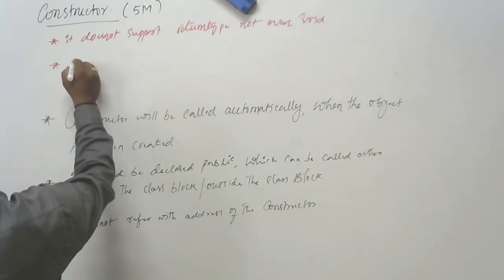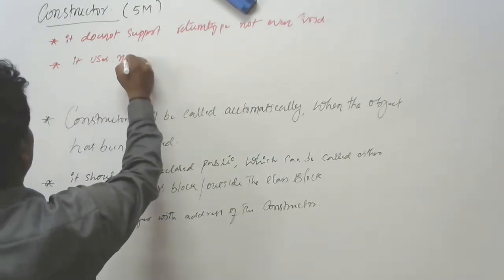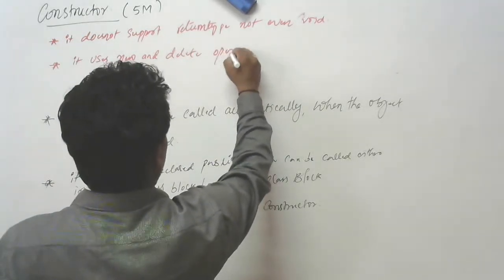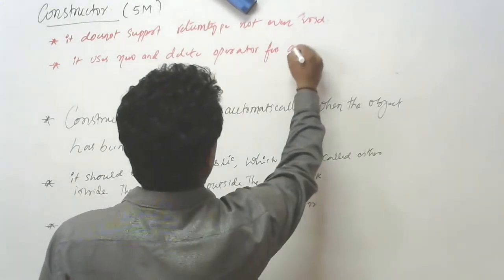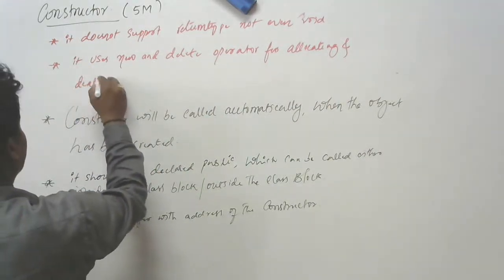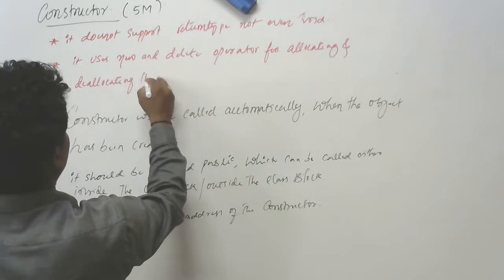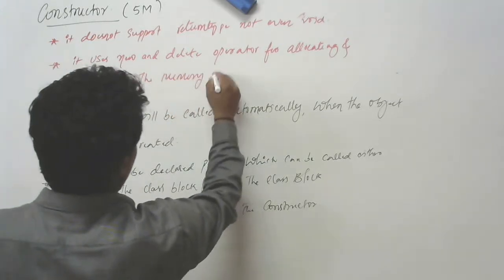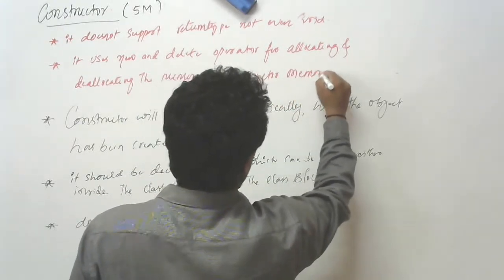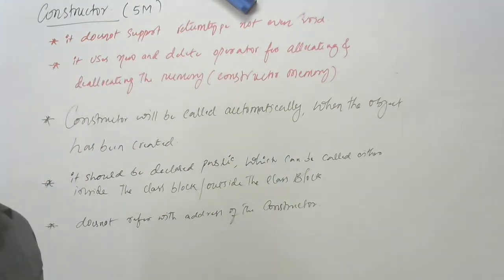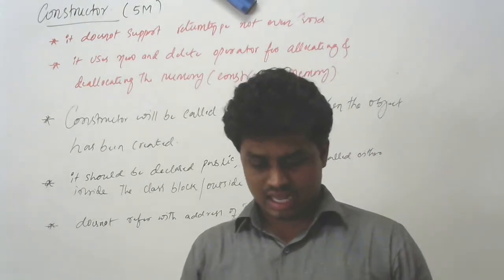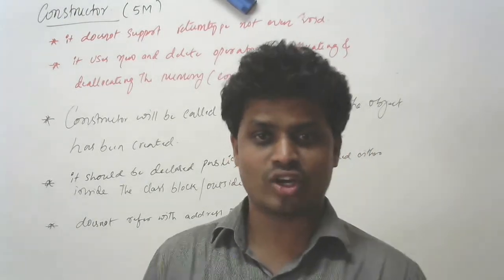Next, it uses the new and delete operators for allocating and deallocating the memory. Which memory? Constructor memory. These are the very important points we define for the constructor, because the constructor only helps to initialize, not for reading, not for printing.